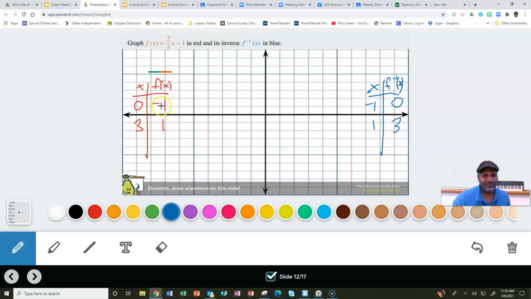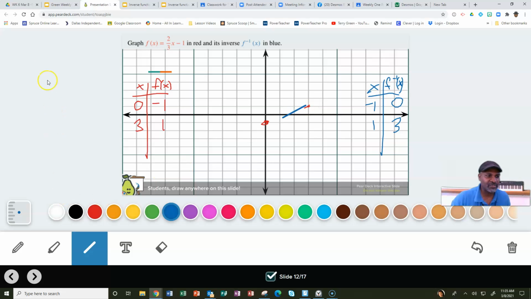So I'm going to graph these two in red and graph these two in blue. So in red, let's go 0, -1. 0, -1 is right here. 3, 1 is right there. Since these are linear equations, I'm just going to use those 2 points and connect them.